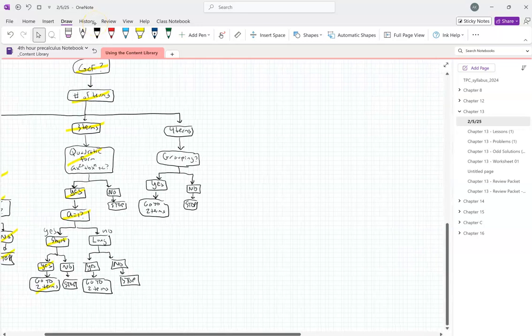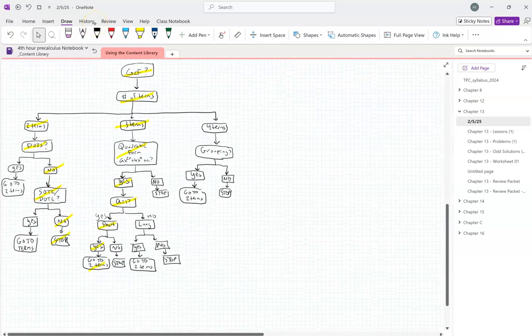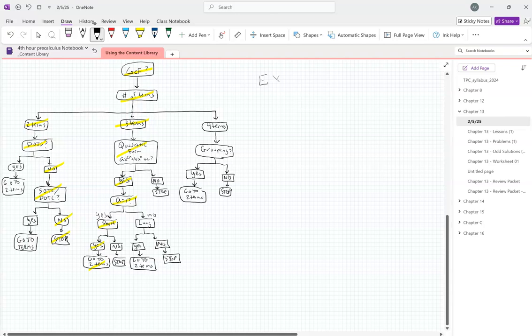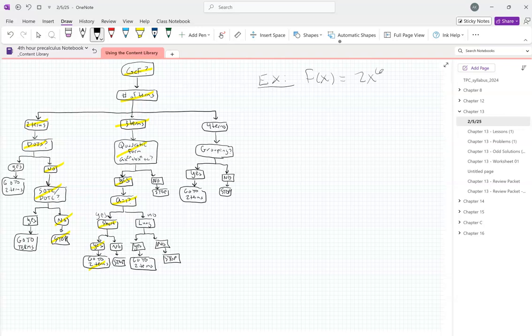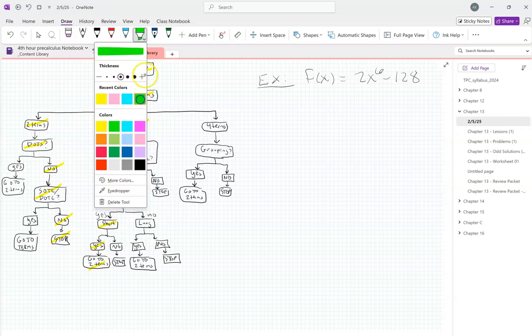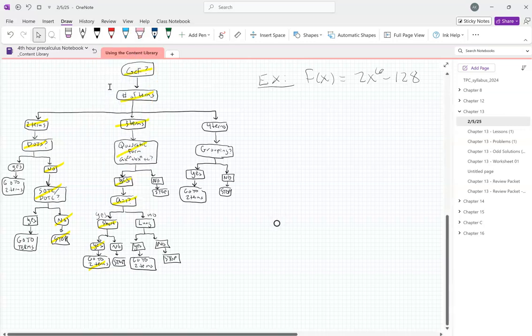Let me move out of the way so we can do another example and still look at this. So let's say we're looking at 2x to the 6th minus 128.